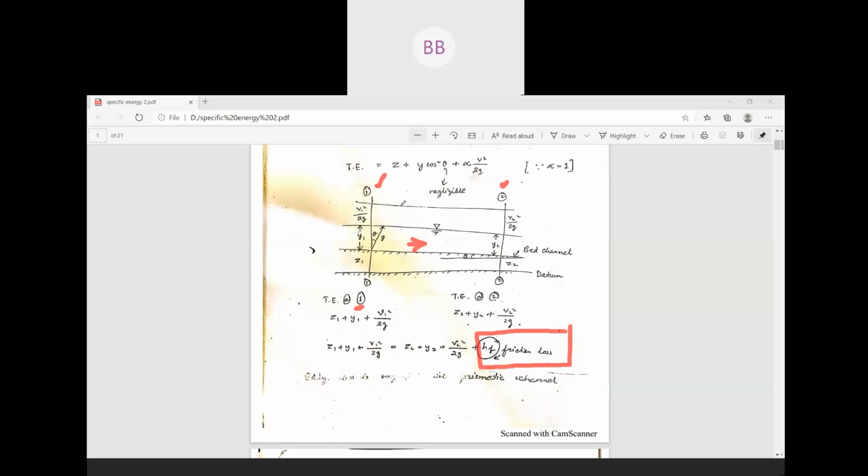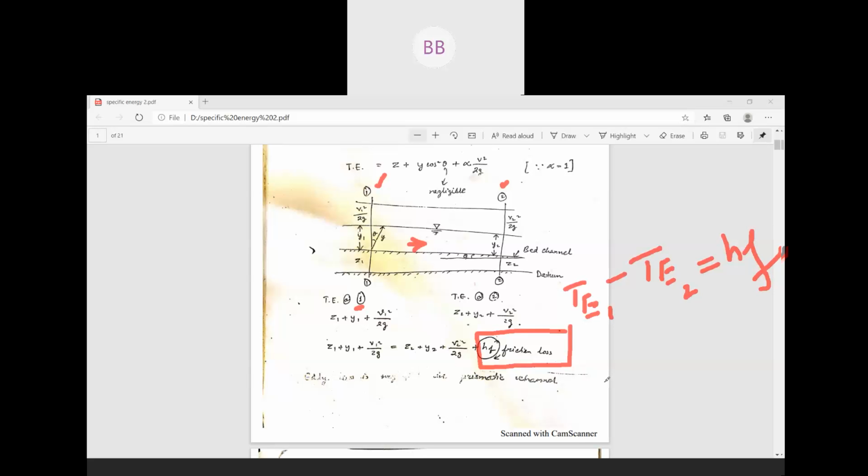Because of this friction we have a term called head loss due to friction. So the total energy at section 1 is equal to the total energy at section 2 only when we neglect that frictional loss. Otherwise, if you take total energy at 1 minus total energy at section 2, the difference is your head loss due to friction.